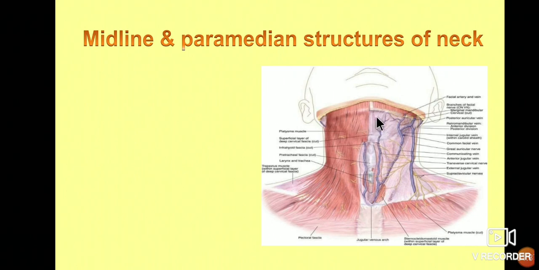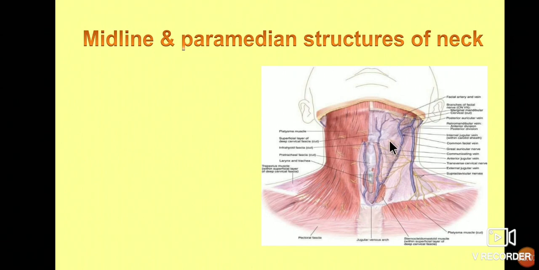Then deep to the superficial fascia you have the deep fascia of the neck, which is called the investing layer of deep cervical fascia. The investing layer encloses the sternocleidomastoid, then fuses and splits to enclose the trapezius muscle.